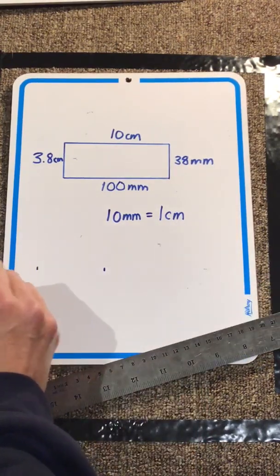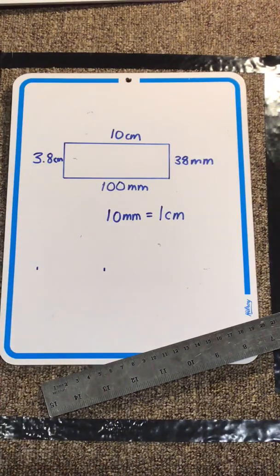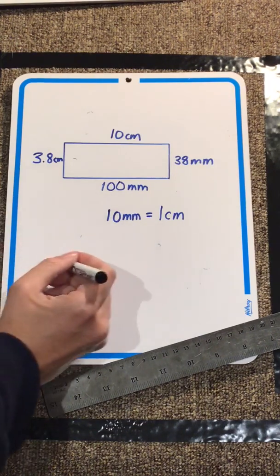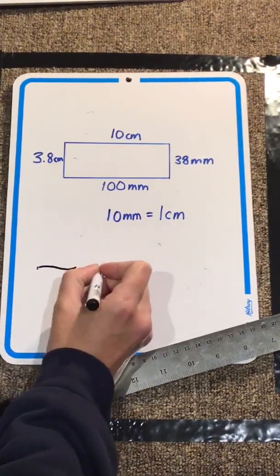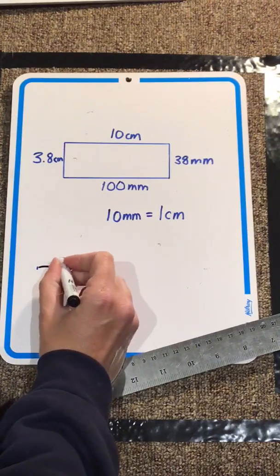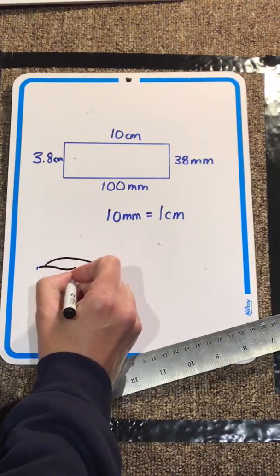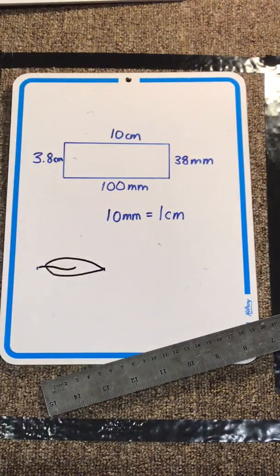I know that my leaf has to fit in between those 2 little marks. And it should fill up the whole distance because I've been asked to draw one that is exactly 6 centimeters long. Now I've got to do my drawing. I know the end of the leaf has to go there. And there we go. I have drawn a leaf exactly 6 centimeters long.